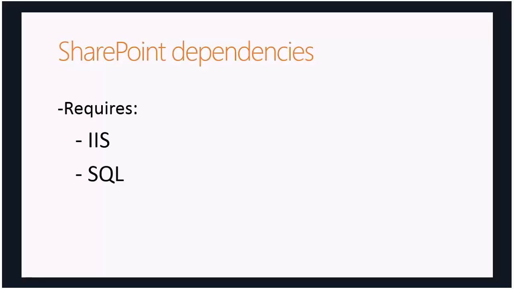You can get beyond that by using the full or commercial version of SQL, but obviously that requires a commercial or enterprise license. You also need a Windows server, so IIS and SQL are typically also running on a Windows server, but you'll need to install the SharePoint binaries on a Windows server. So as you can see, there are a number of dependencies that are required to actually get SharePoint up and running.